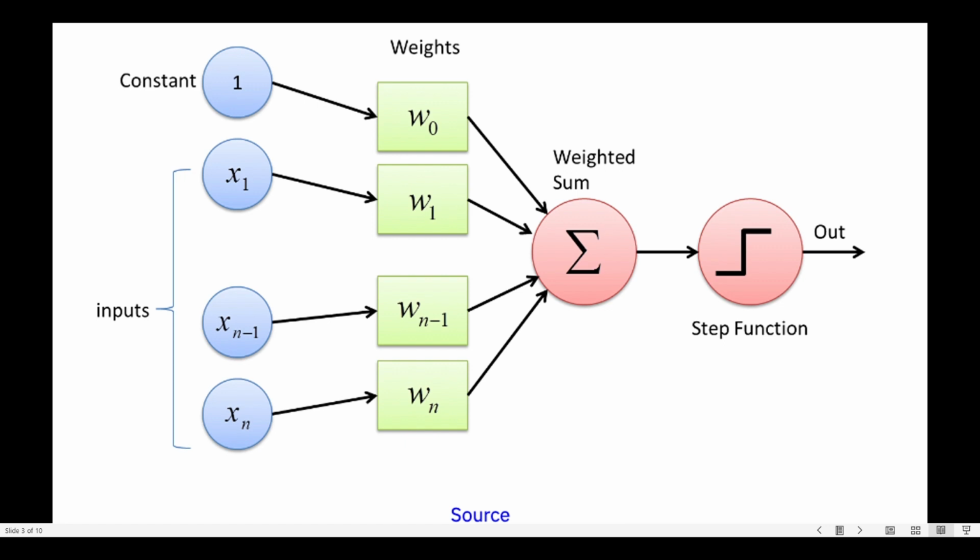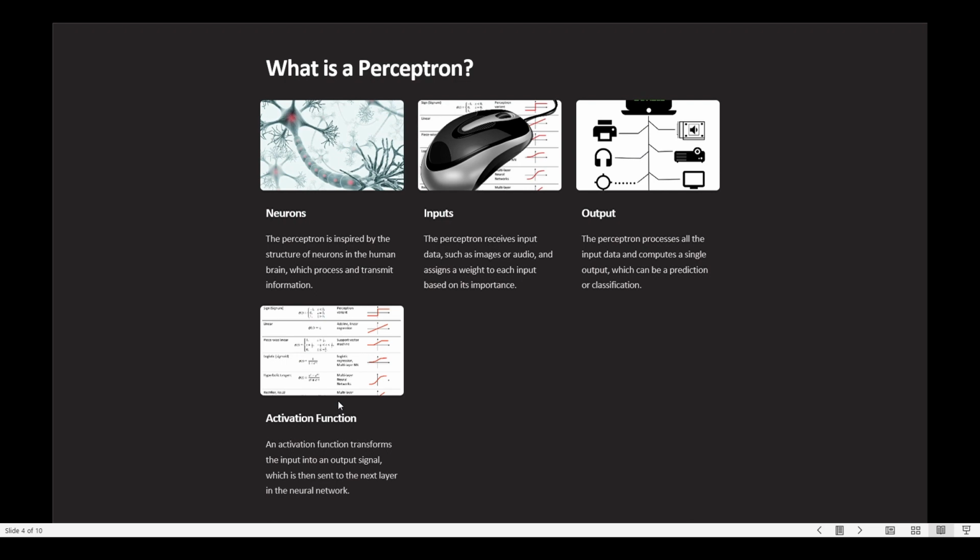Artificial neurons are simple computational units that have weighted input signals and produce an output signal using the activation function. Here we have different types of activation functions: neurons, inputs, and output.